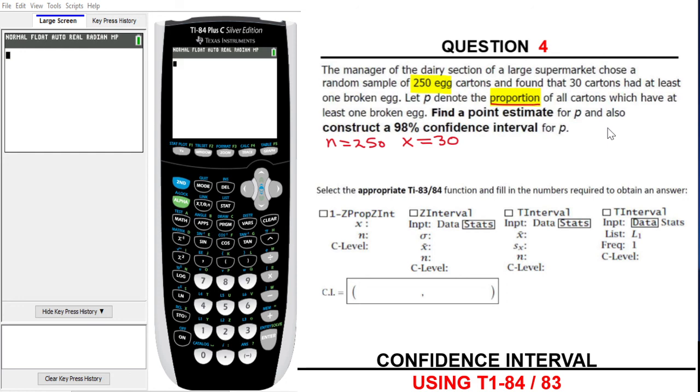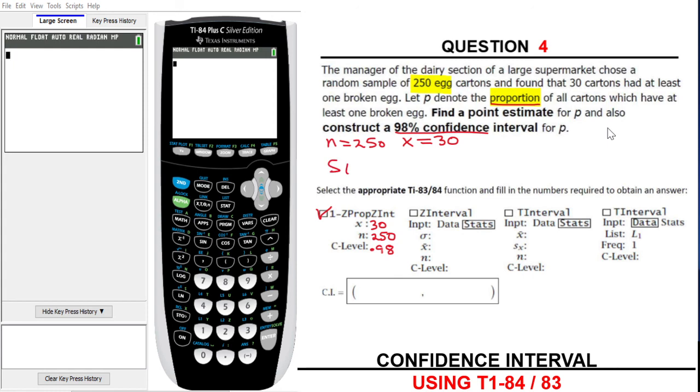Because it is a proportion question, we know we're going to use the 1-PropZInt. So we need to put in the information. The x happened to be 30, the n happened to be 250, and then the confidence level. Now this time they want us to do 98, so that will be 0.98.